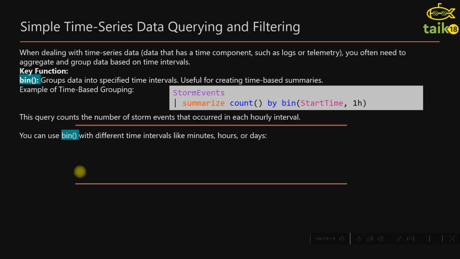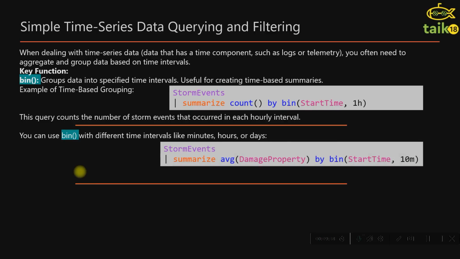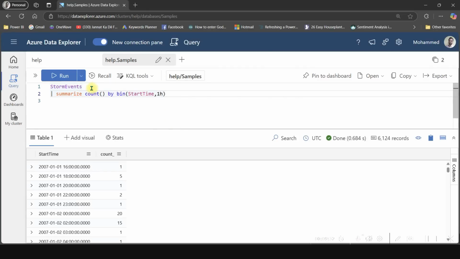You can also use bins with different time intervals like minutes, hours and days. Instead of h, we can also use m, d, and so on, and it is going to convert that. As an example, if I want to specify this query: StormEvents, pipe summarize average damage property.